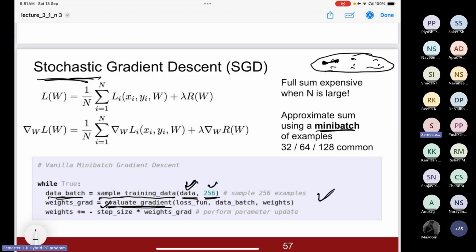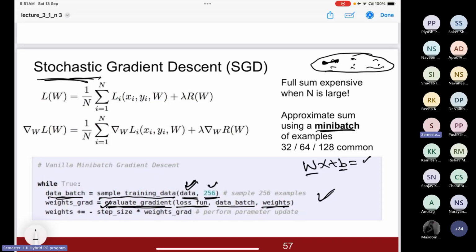What will this function take? It will take the loss function, because you have to find the loss. It will take the data batch, the number of samples that you are giving to W at a time, and it will also take the W weights. Then it will multiply W into X plus B, find the score, then find the loss, and then find the gradient of the loss with respect to W and the bias.